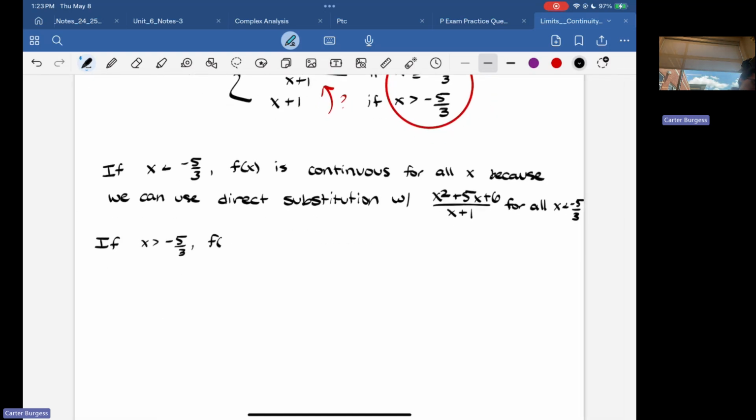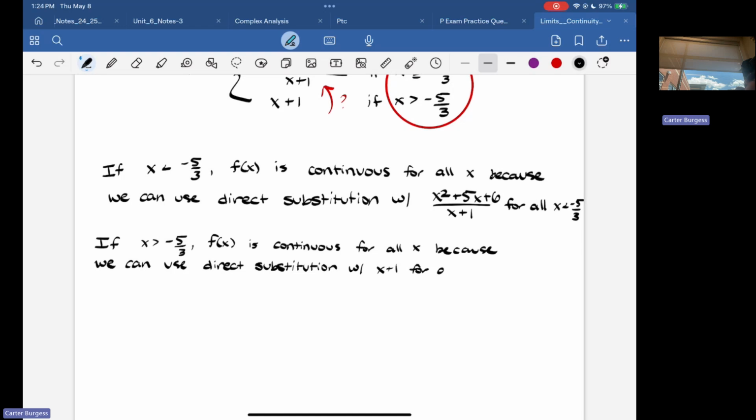And so we can make another statement that f of x is continuous for all x, because the exact same thing, we can use direct substitution with x plus 1 for all x greater than negative 5/3. Also for all x, but since we only really care about the ones greater than negative 5/3, we can go ahead and add that condition there.